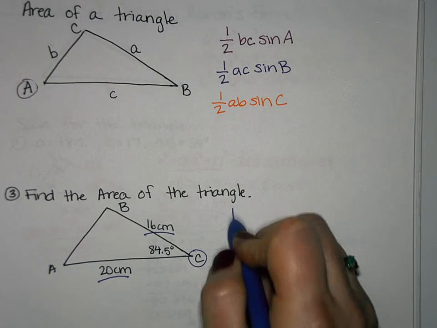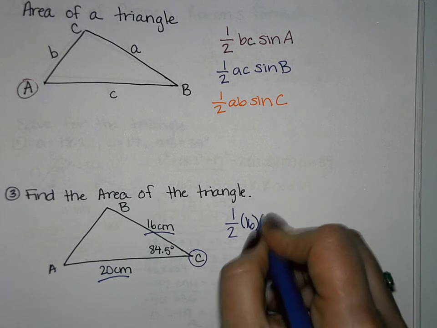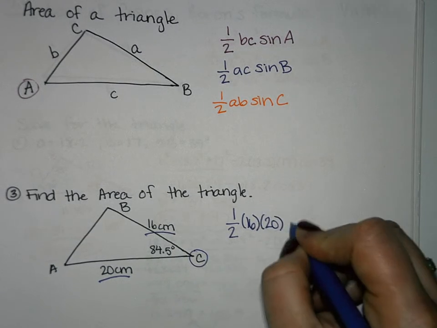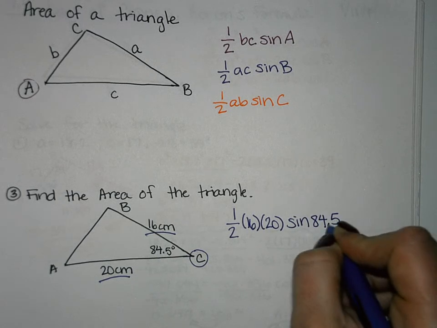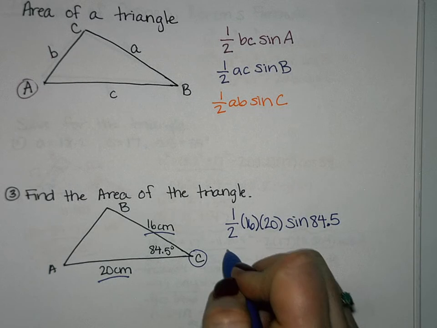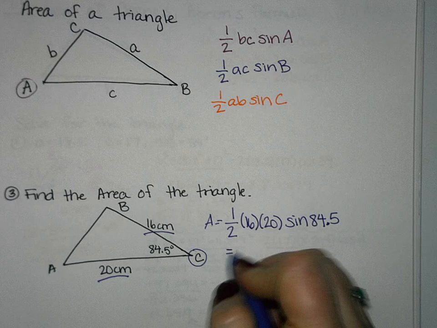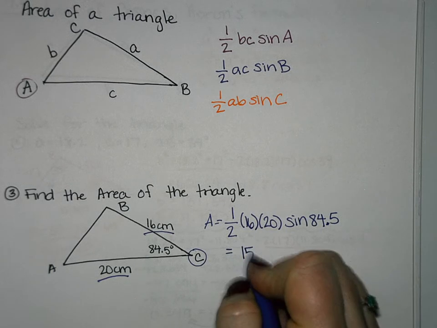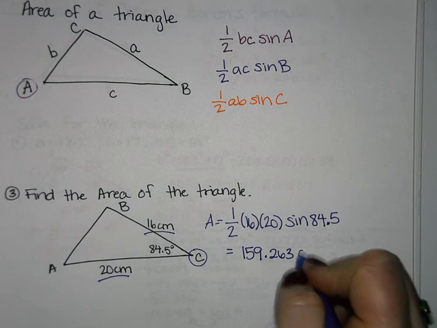So 1/2 times 16 times 20 sine of 84.5. Type that into your calculator, and you should end up getting 159.263. And don't forget to make sure you do centimeters squared.